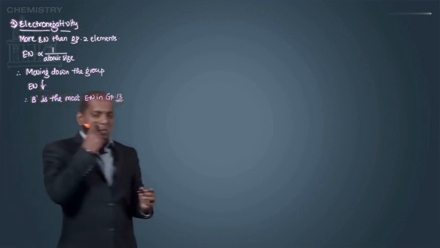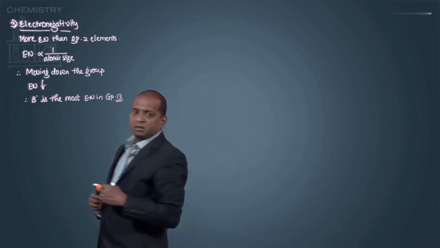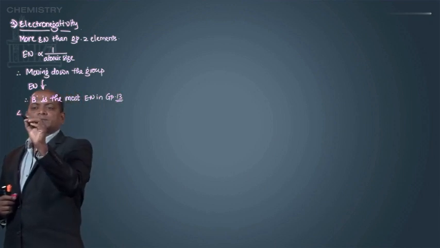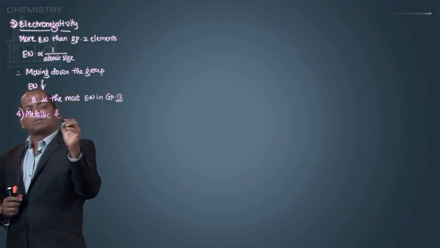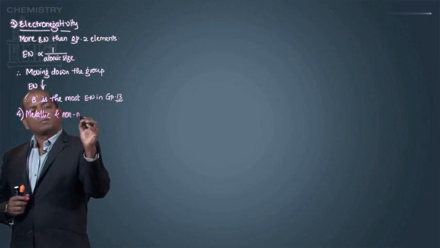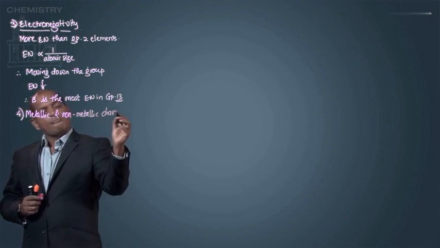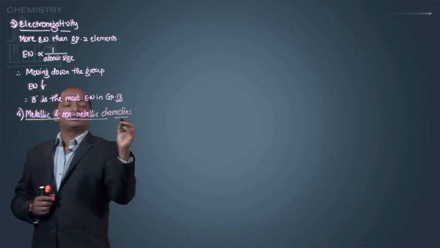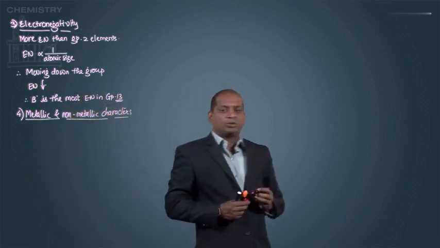So now you know that when we are talking about electronegativity, the next property will come, that is metallic and non-metallic characters. Non-metallic character is directly proportional to electronegativity.